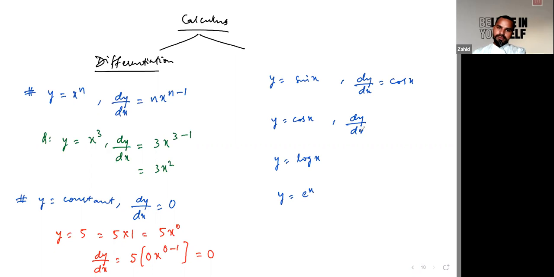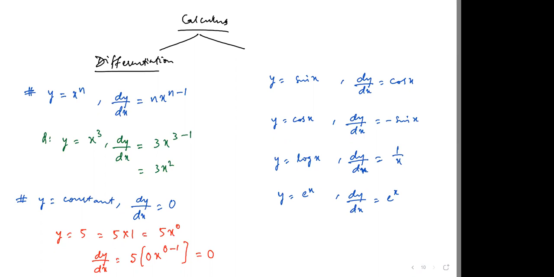The differentiation of cos x is minus sin x, the differentiation of log x is 1 over x, and the differentiation of e raised to x is as it is, e raised to x. Is it clear? Yes, sir. Okay, just write it down.